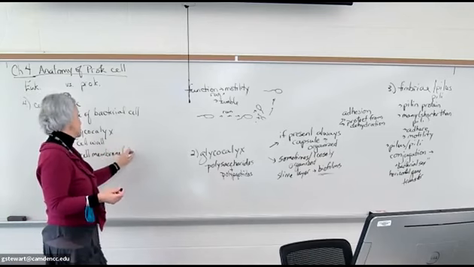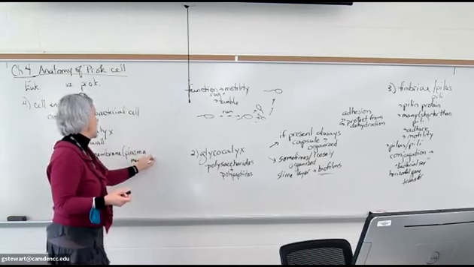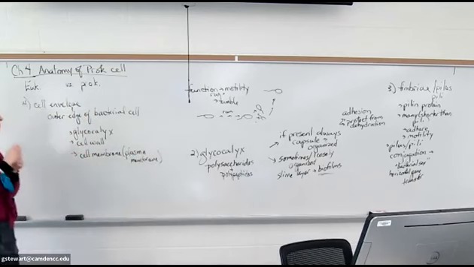Or if you like to call it the plasma membrane, that's fine. I like to call it cell membrane, but you can call it plasma membrane. It might help you remember, right? Different from the cell wall, and what are all membranes in all cells made out of? It's the structure of the plasma membrane or the cell membrane.